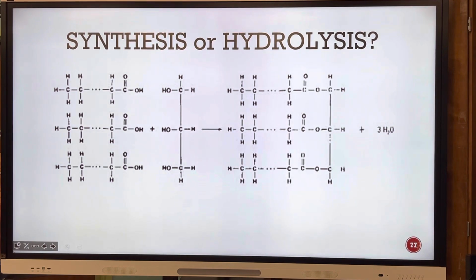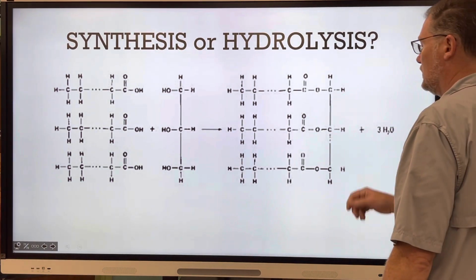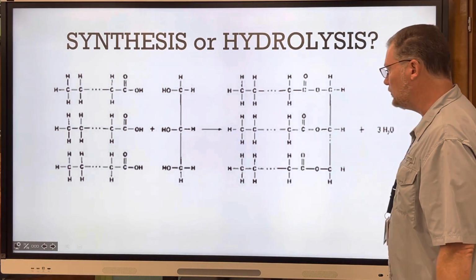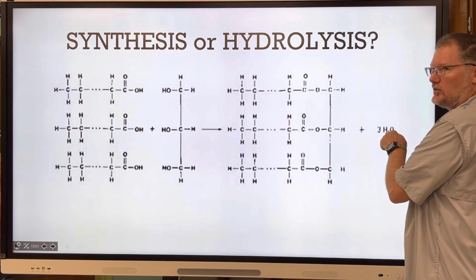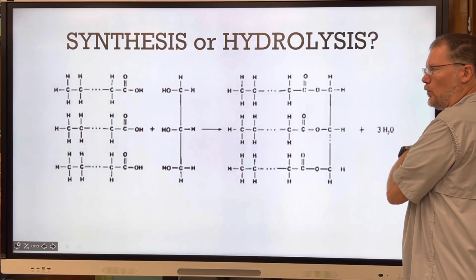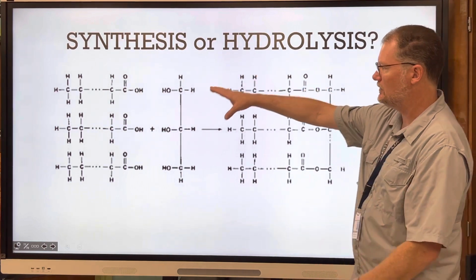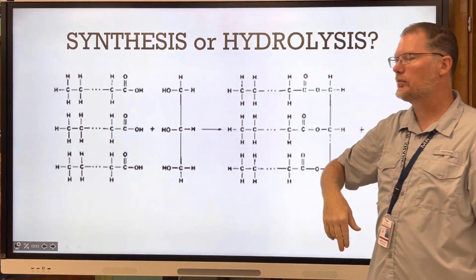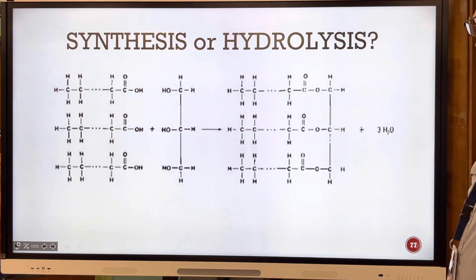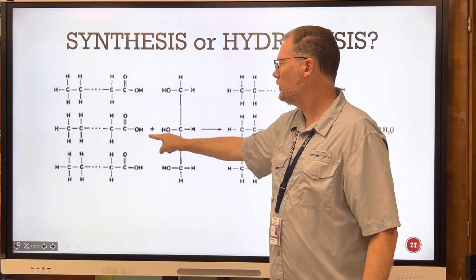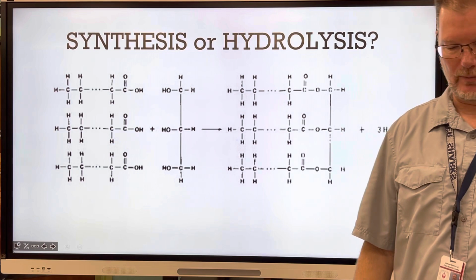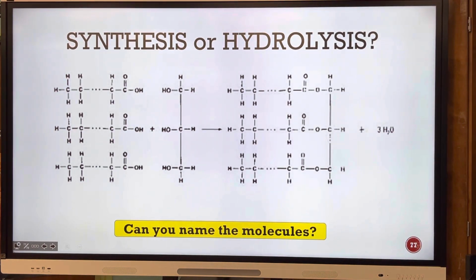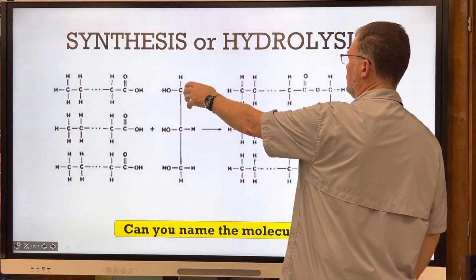And is it synthesis or hydrolysis? Obviously synthesis, because dehydration is synthesis, water's getting kicked out and putting these together, making bonds where there were not bonds before. 3 waters, here, here, and here. That's where the waters come from. And the molecules, these are the fatty acid tails, this is glycerol.